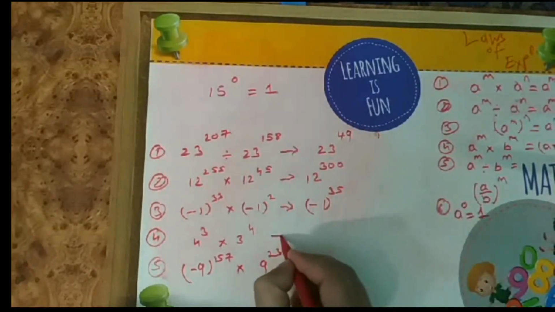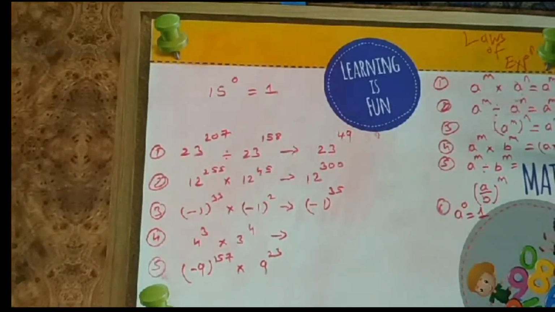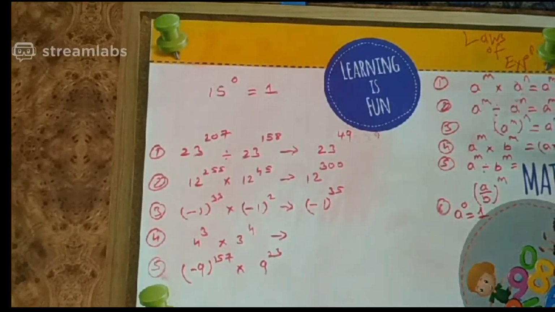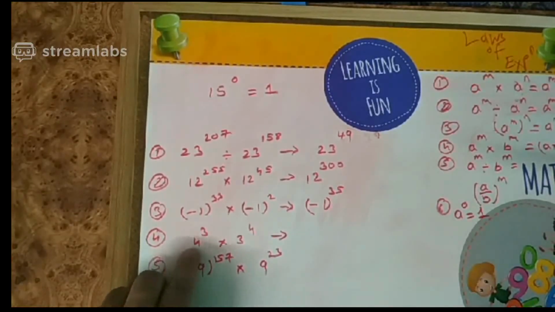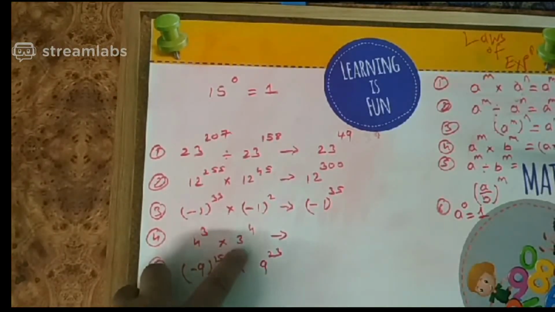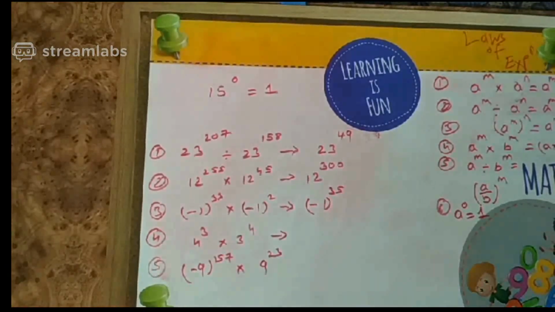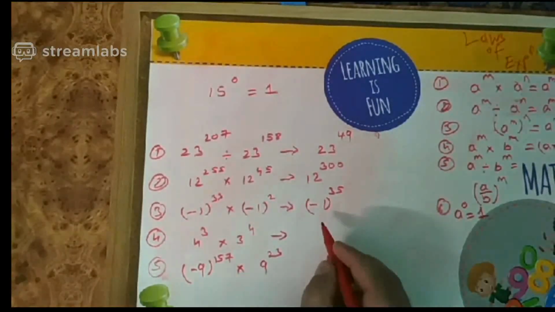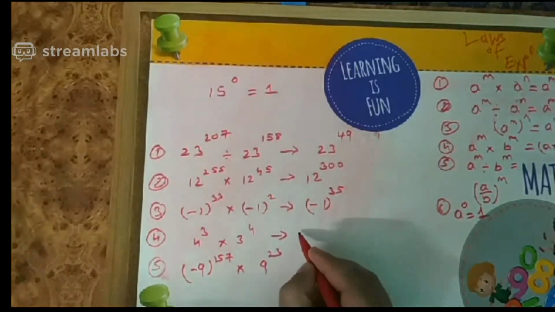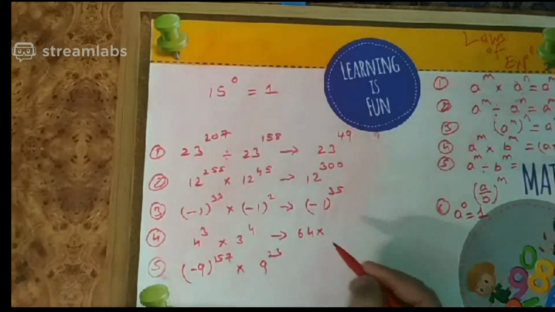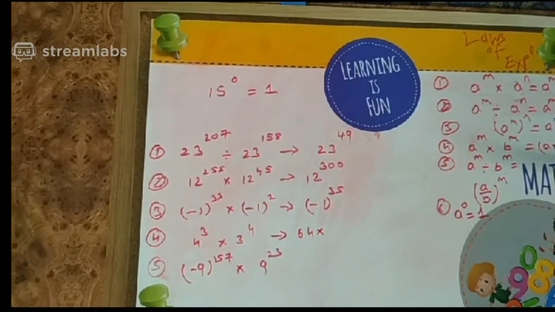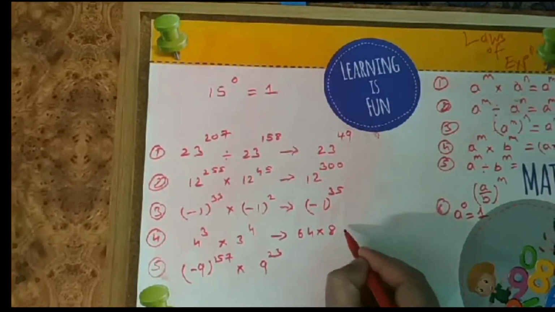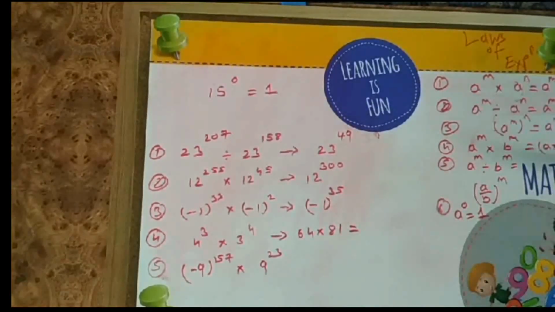Now in this question the base is different and the power is also different, so first we have to find the values of 4 power 3 and 3 power 4. 4 4s are 16 and 16 4s are 64. 3 3s are 9, 9 3s are 27 and 27 3s are 81. Multiplying 64 with 81, we get the answer 5184.